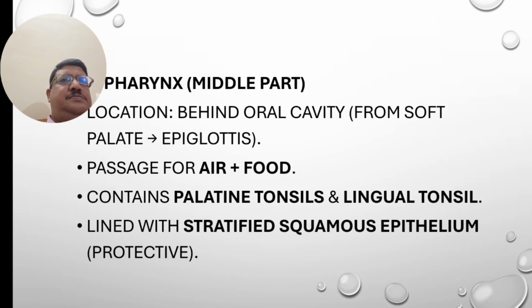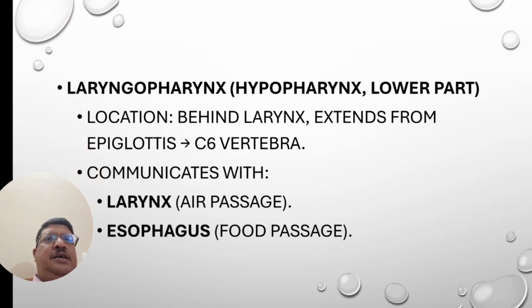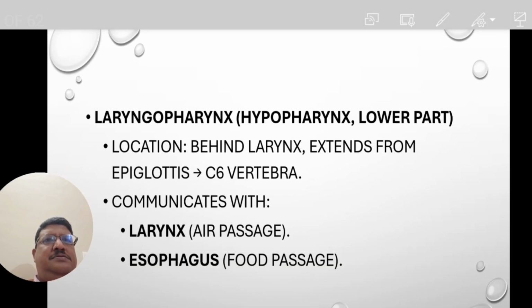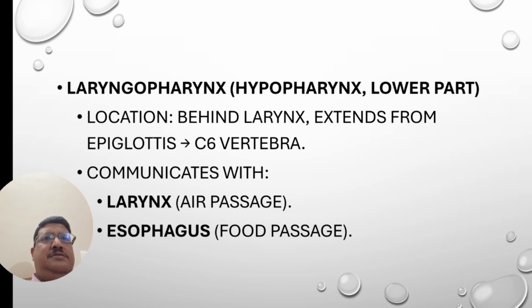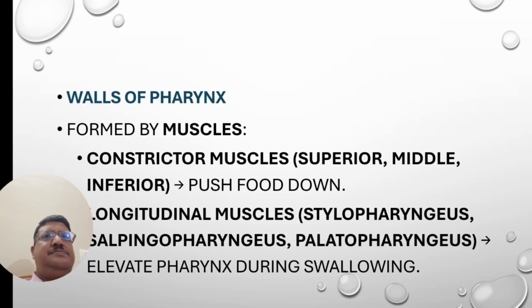Laryngopharynx, or hypopharynx, the lower part: located behind the larynx, extending from the epiglottis to the cervical 6 vertebra. It communicates with the larynx, the air passage, and the esophagus, the food passage.